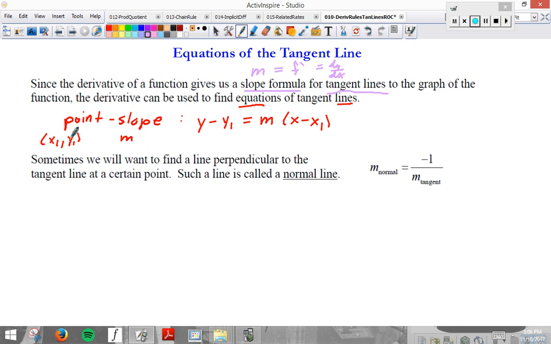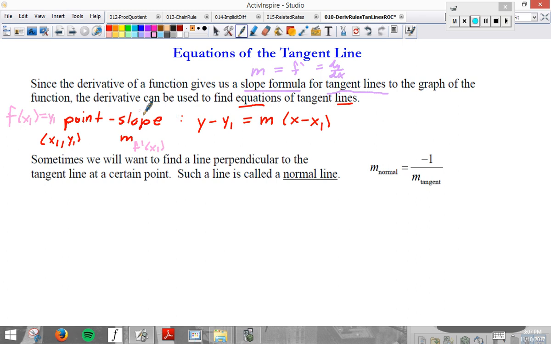And we'll have to find some way to get to the point. A lot of the time, what we're doing is f prime of x1, and to get y1, that'll be f of x1. So those are two hints of how we can use one function to get us everything we need.